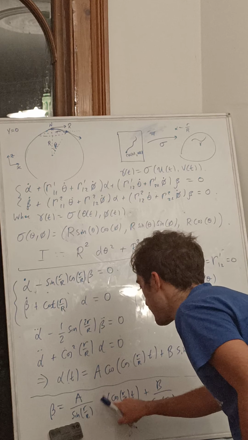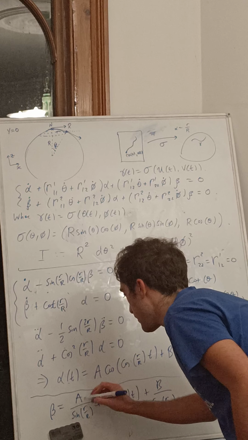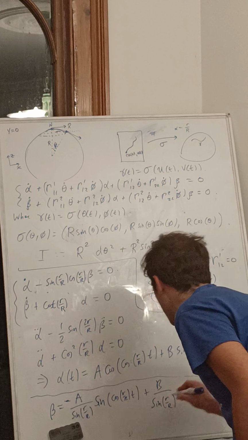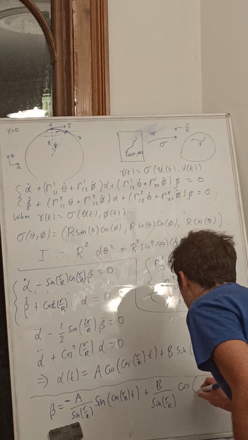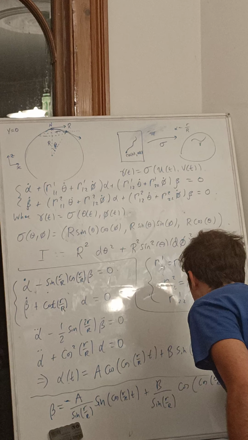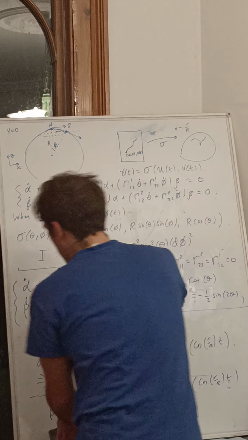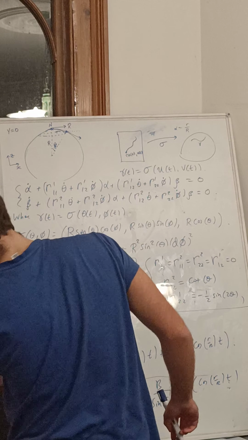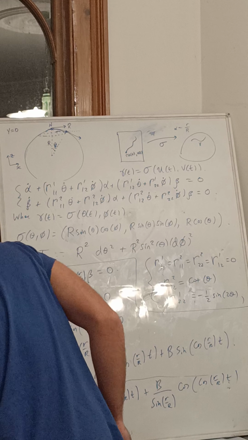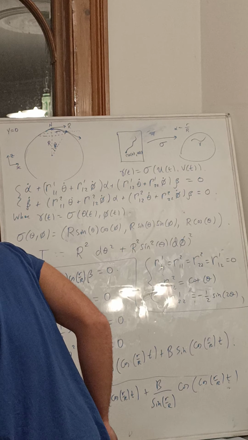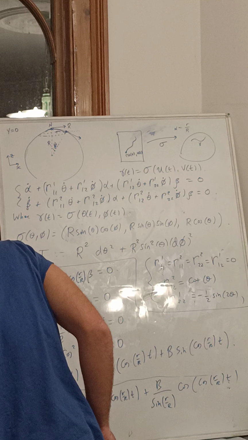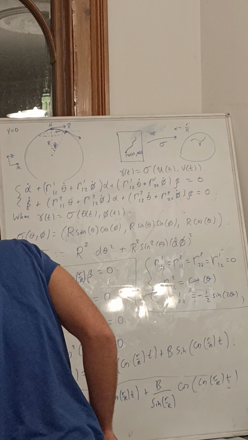Not cos, so that would be sine, and minus sine right here, and then cos right here. Okay, I've just differentiated and plugged in this. I hope that's correct. Yeah, cool. That's looking fine.